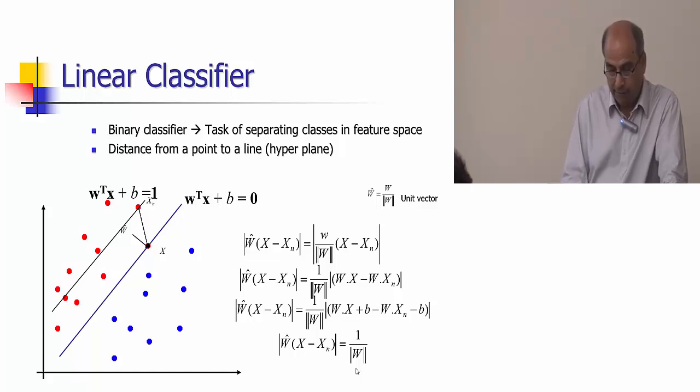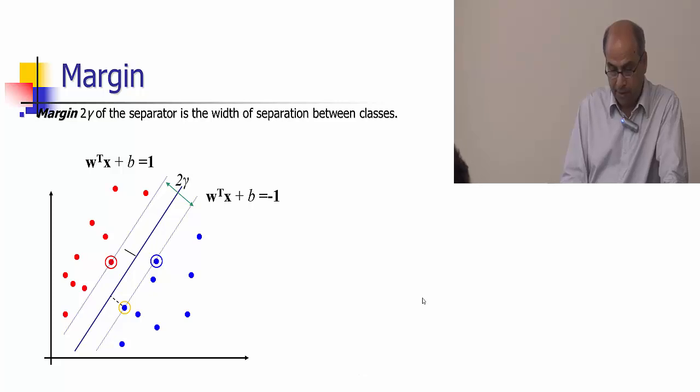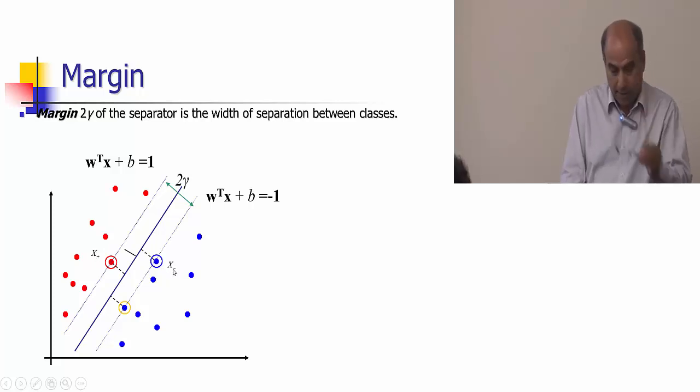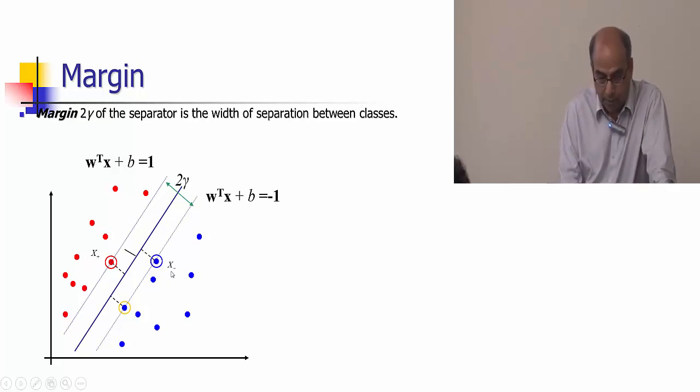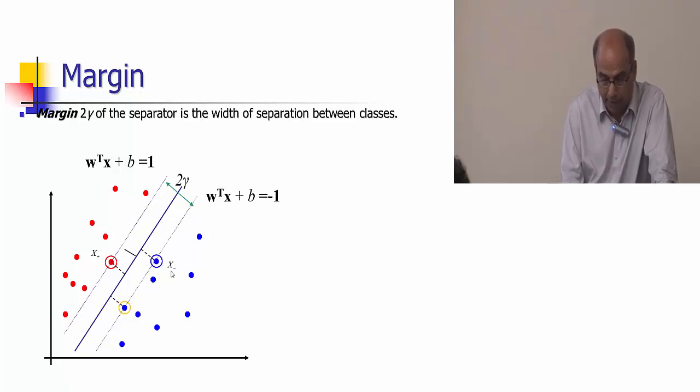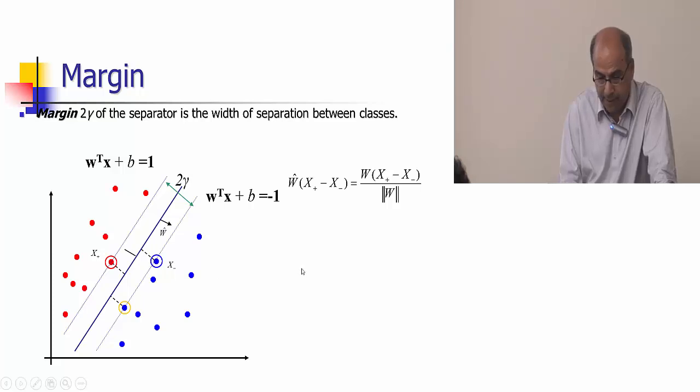Then the third thing is that we want to look at the margin. It's the distance from this line to this line in the direction of w. Again, we'll take one point on the red, x plus, and another point on the blue one, x minus, and then we want to find that margin in the direction perpendicular to this, which is w hat. So this is x plus minus x minus, and we project onto w hat.